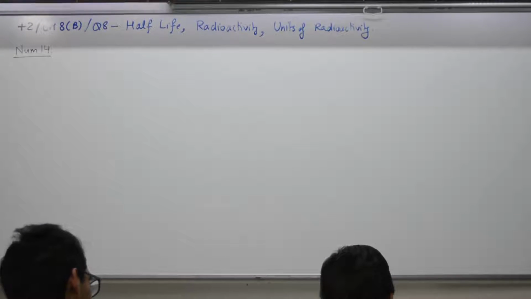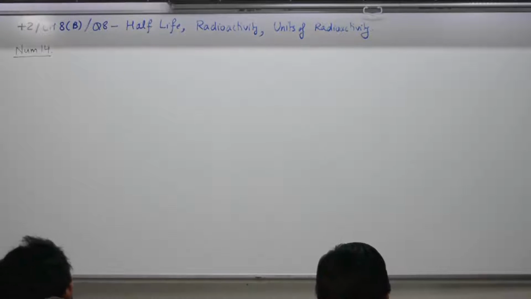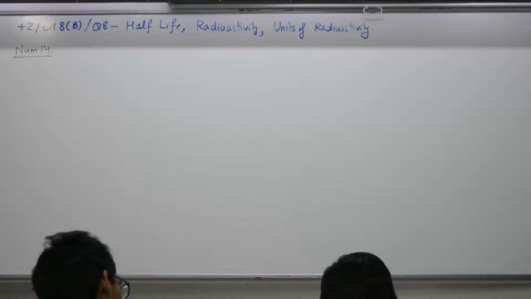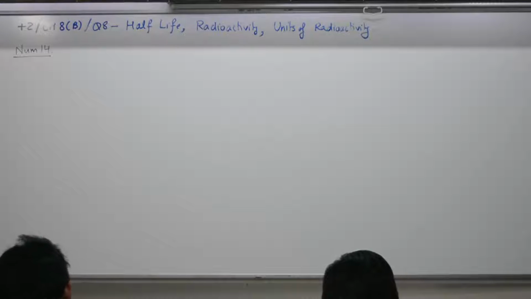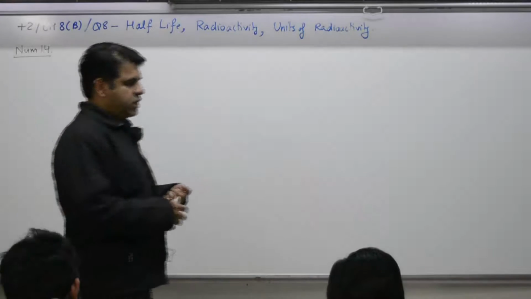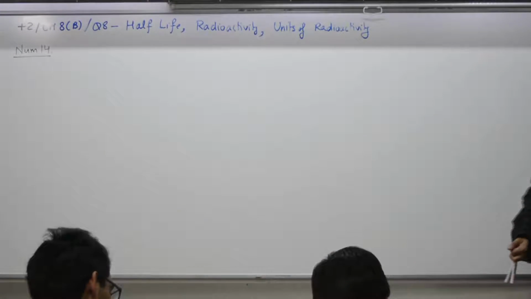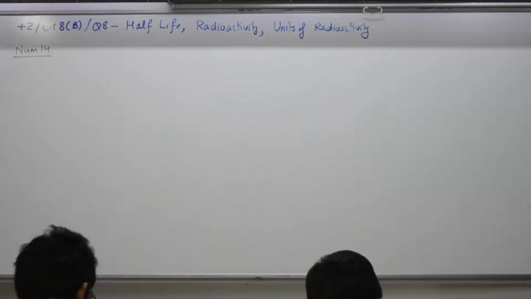Numerical number 14: the half-life of a certain radioactive material is 100 days. After how much time will the undecayed fraction of material be 6.25%? Draw the diagram to explain what it is. If you draw the diagram, you can get the answer.